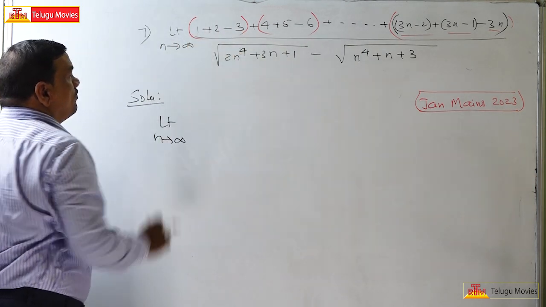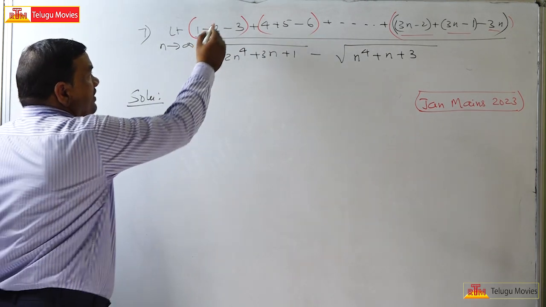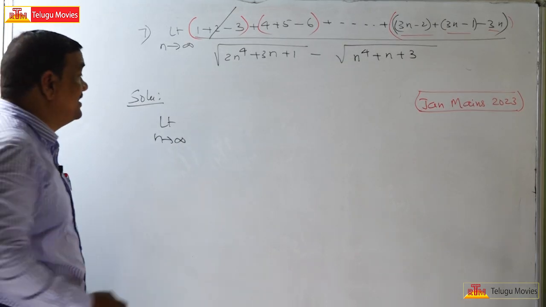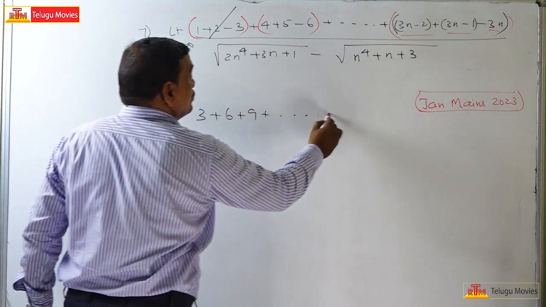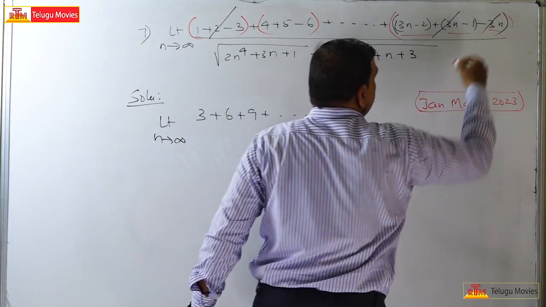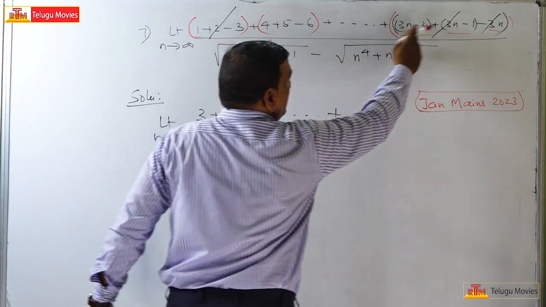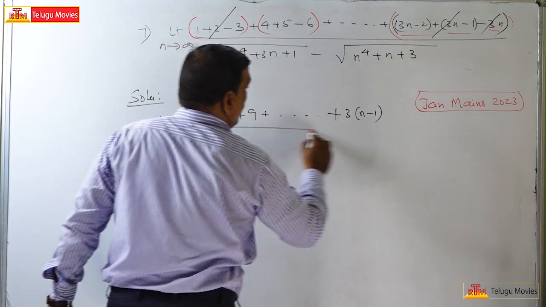What is the value of the first group? 1 plus 2, 3, 3 minus 3, 0, leave it. 4 plus 5, 9, 9 minus 6, 3, next 6 will come, next 9 will come, and so on. Here, any more cancellations? Plus 3n minus 3n cancel. 3n minus 3, 3n minus 3, you can take common, 3n minus 1, whole divided by.